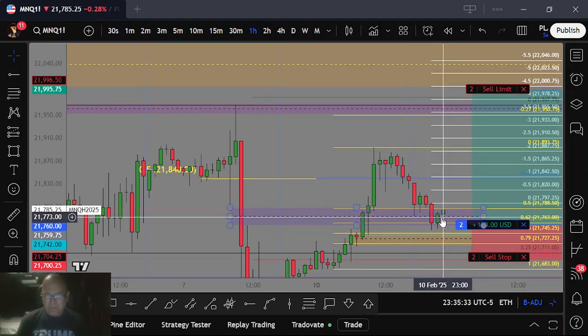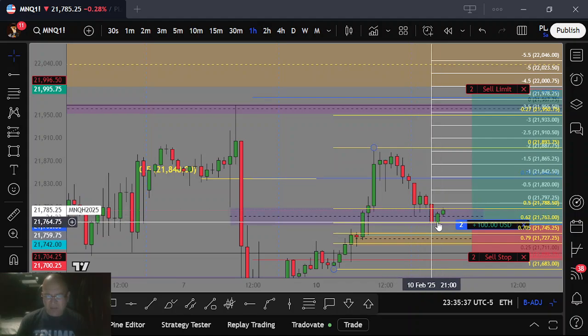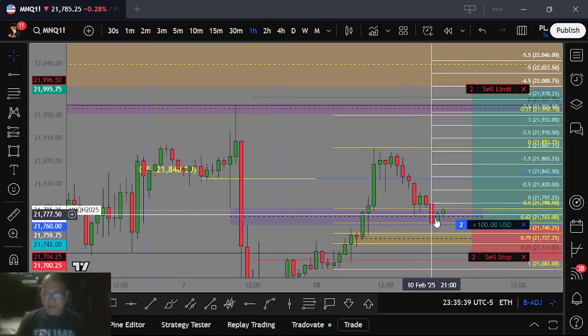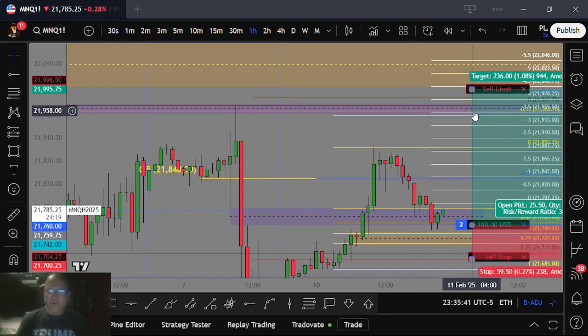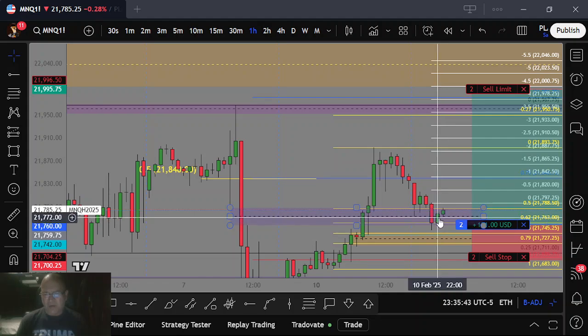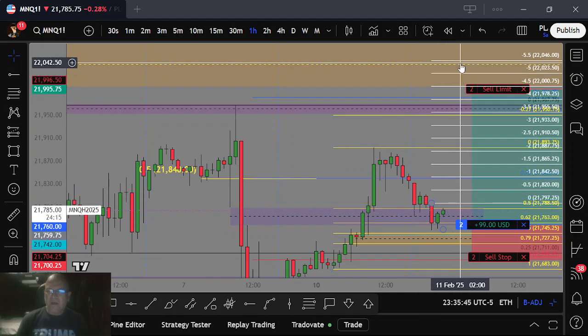And I'd absolutely love to see that happen because that would then be our initial consolidation for the buy program to start.